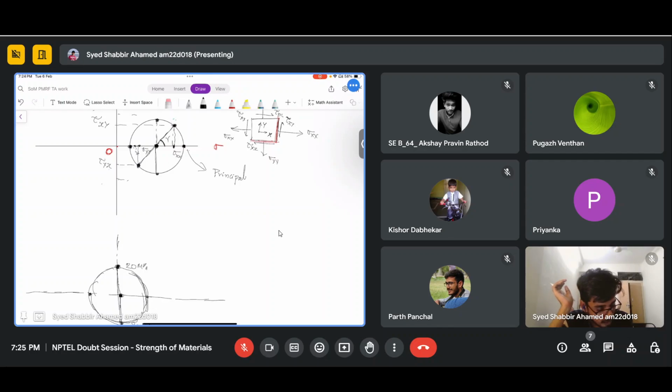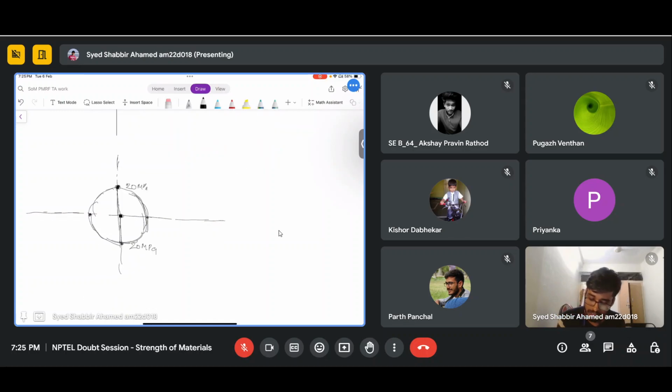So now let's calculate what the principal stresses are for this state of stress which is given, and we'll find out the angle of the plane at which the principal stresses are acting.